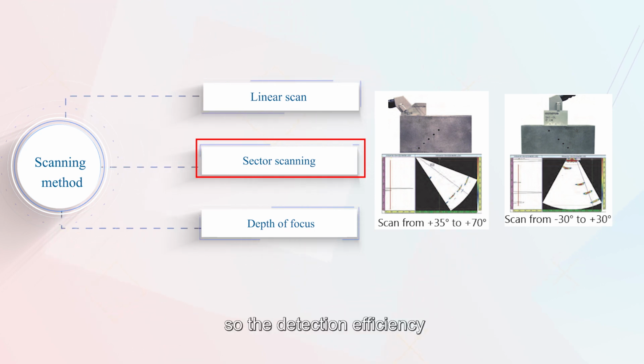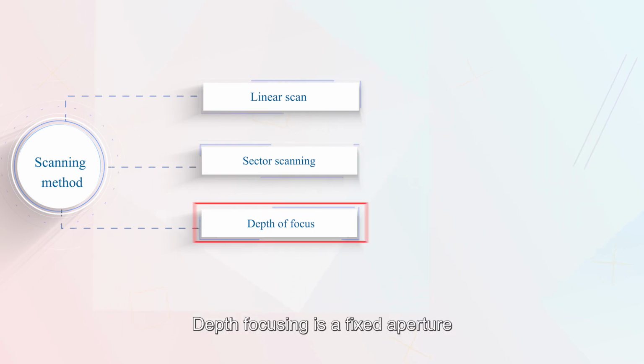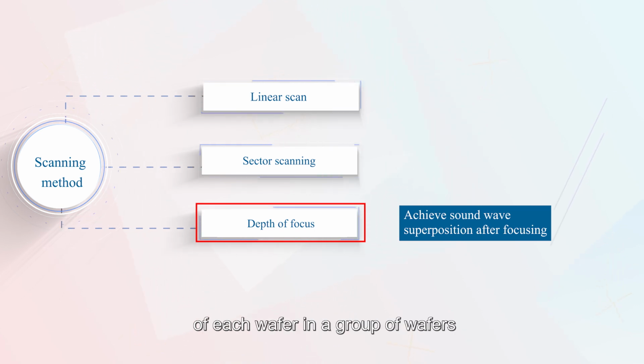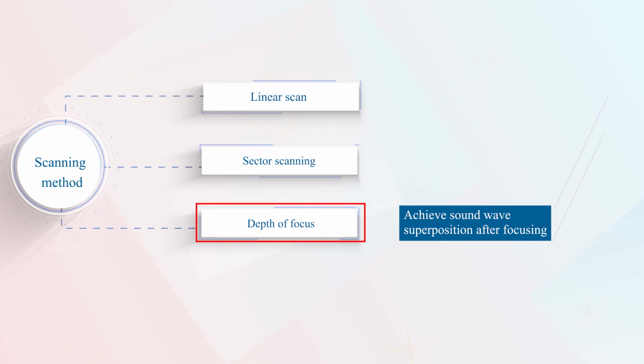So, the detection efficiency and detection sensitivity have been greatly improved. Depth focusing is a fixed aperture, and by controlling the excitation delay of each wafer in a group of wafers, the superposition of acoustic waves is achieved.